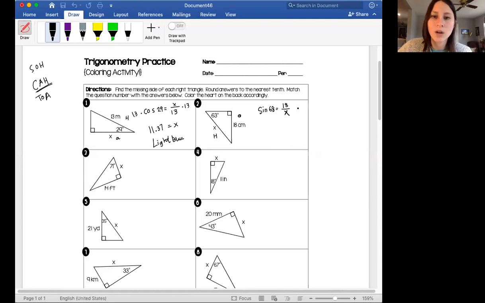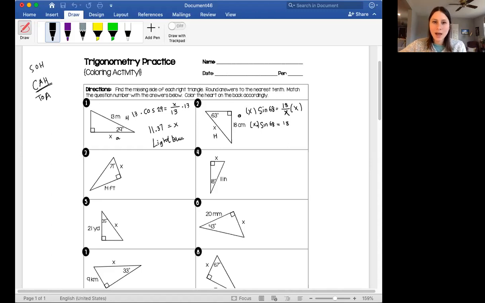When I'm working this out, if I'm really to get x by itself, well, x is the denominator. If I get rid of 18, I still have a fraction, 1 over x, and I want x as a whole number. So I'm going to multiply both sides by x, and I have sine of 68 times x equals 18.